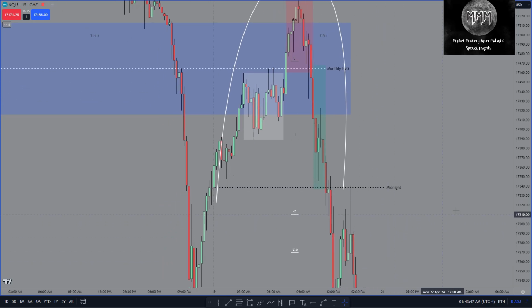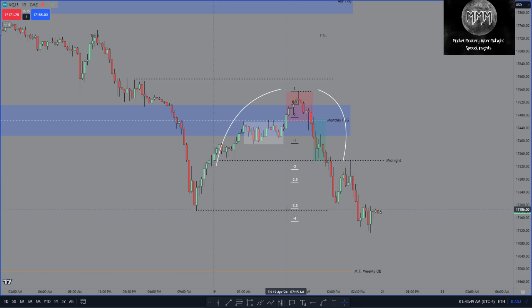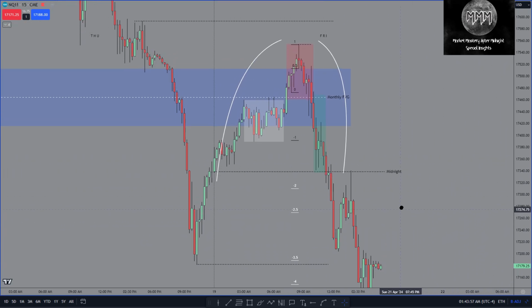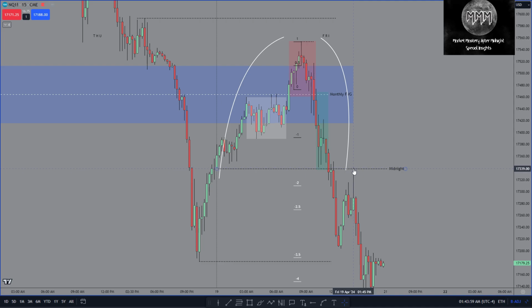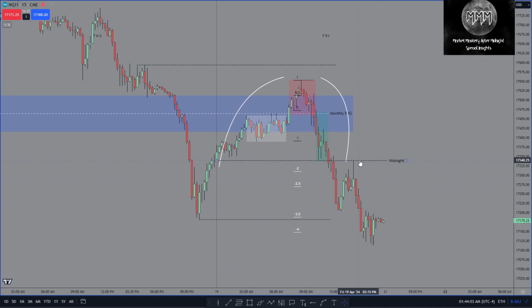There's your manipulation again. And then they slam it into the lows, okay? Midnight price is so important. This is what I'm telling you about smart money using it for manipulation. Right here, when we're manipulating midnight price again before we've hit that sell side liquidity, that is where smart money is entering short, okay?